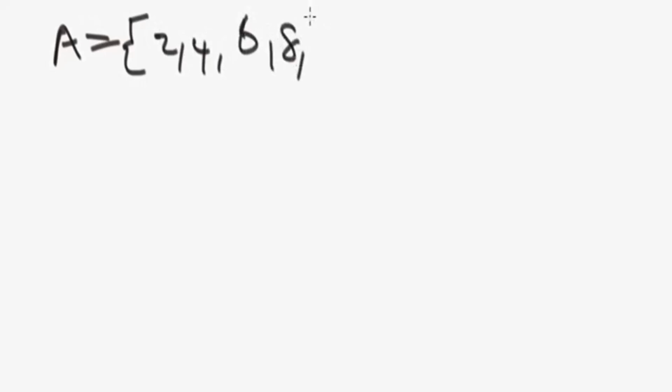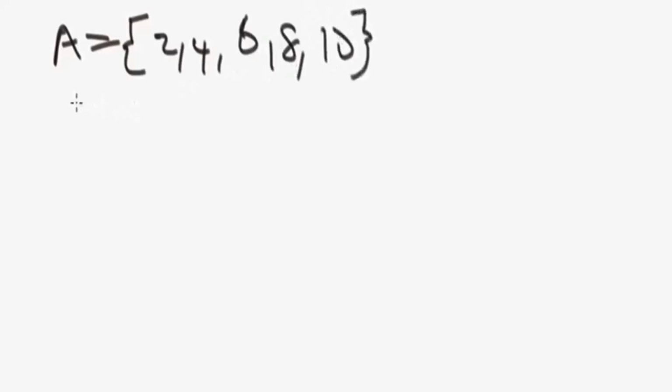We're going to learn how to solve problems involving the complement of sets and represent them in a Venn diagram. So let's go into the details of the video. I have these values. We are given the elements of A to be 2, 4, 6, 8, 10.